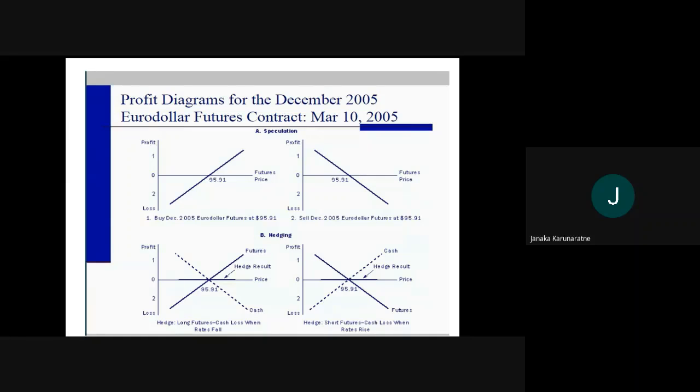If the opposite happens, interest rate goes up, the futures price will drop. But if the interest rate goes up, in the cash market we will gain, because our investment income goes up. So in the futures market we lose, but in the cash market we gain.